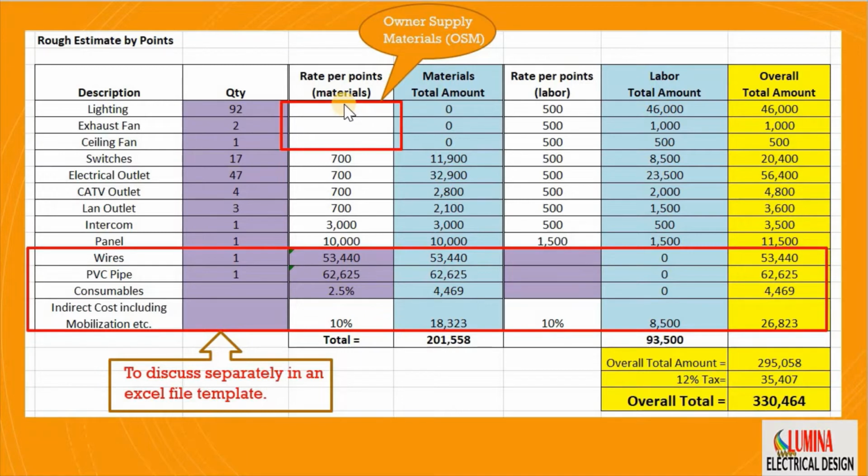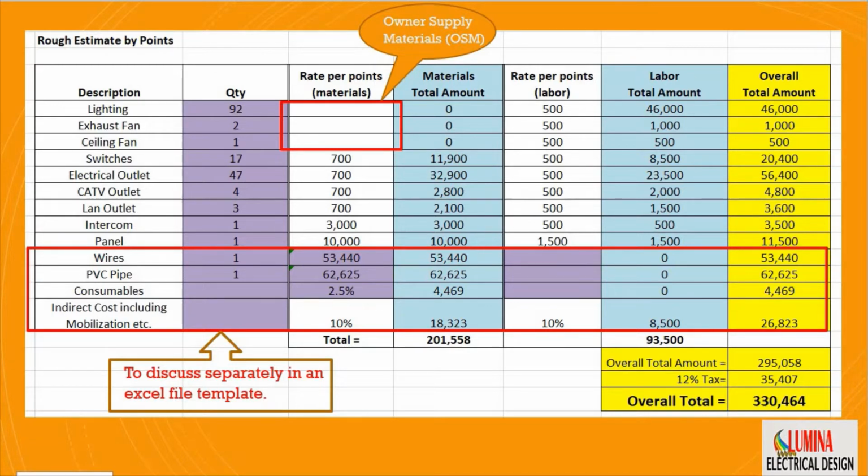For lighting, exhaust fan, and ceiling fan, in this example, I leave it blank because it will be owner supplied. For other electrical items, I indicate 700 pesos, for the intercom 3,000 pesos, and for the panel 10,000 pesos per point. In order to get the materials total amount, we multiply the quantity times the rate. So, we have this amount.